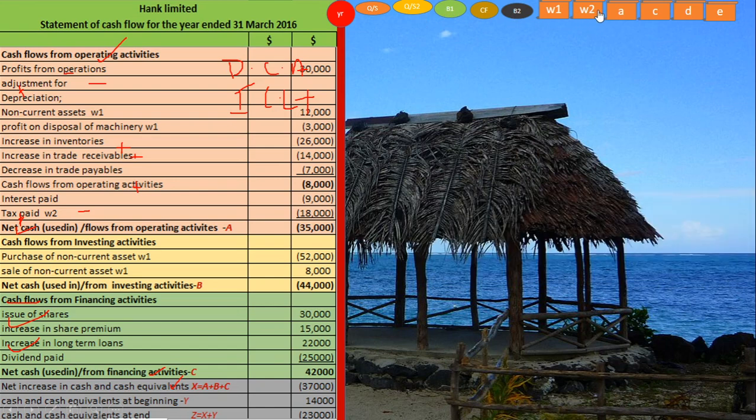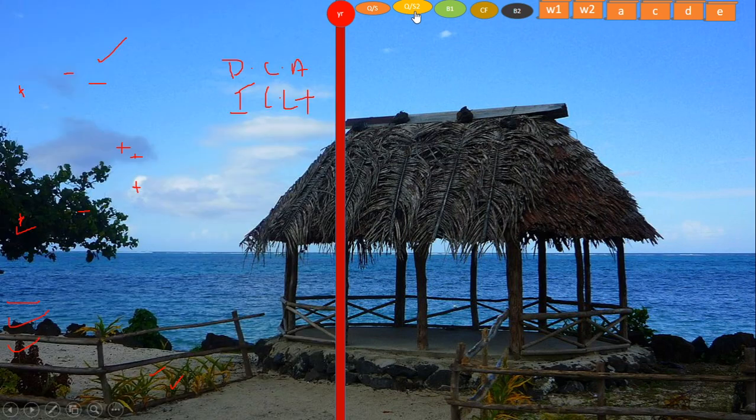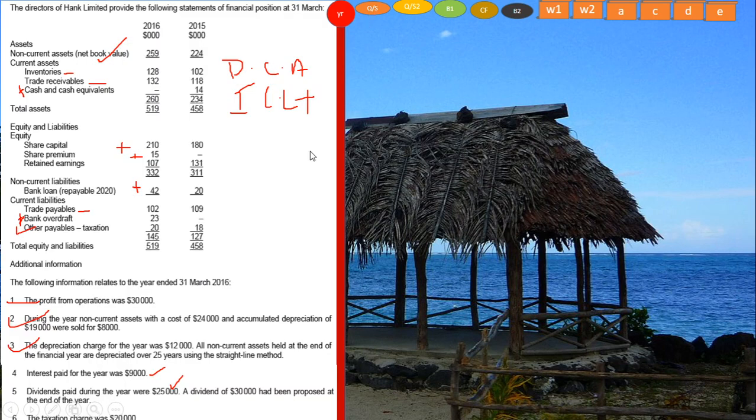So that's how you solve it. Now your question could be, let's have a look at the question one more time. So dividend paid, you have, everything is done, all is done.